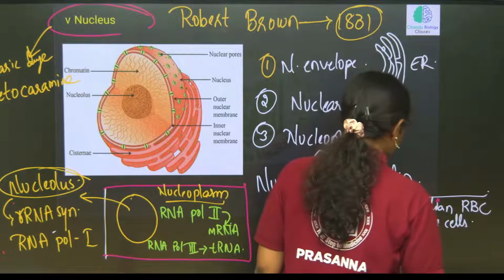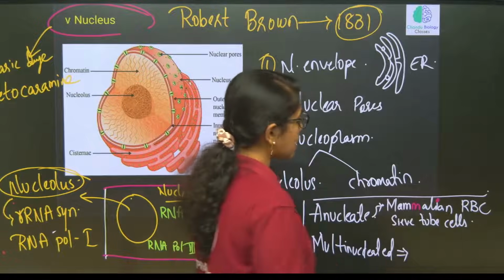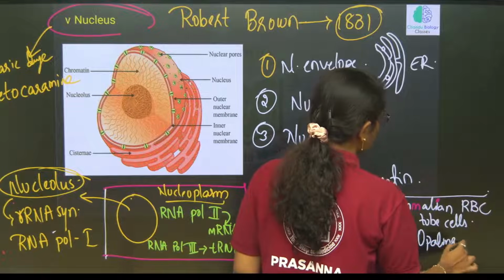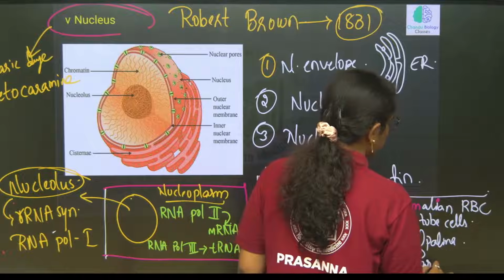The multinucleated condition is observed in Opalina, and is also seen in Paramecium.